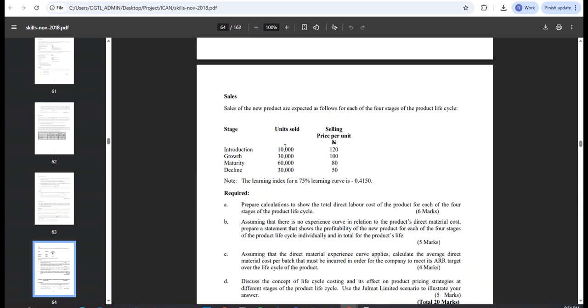What is our cost for 30,000 units? 30,000 units will be the 30th batch, which means we will still enjoy the learning curve up to that 30th batch. Is that not so?